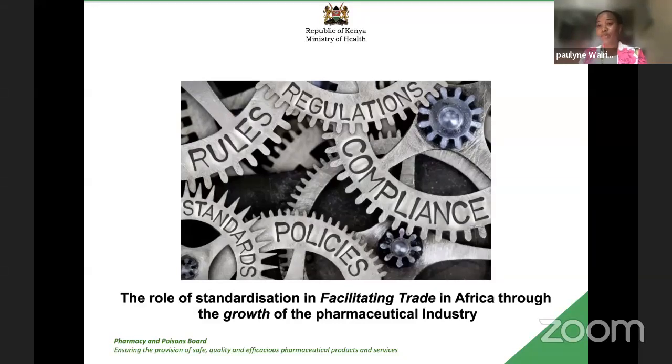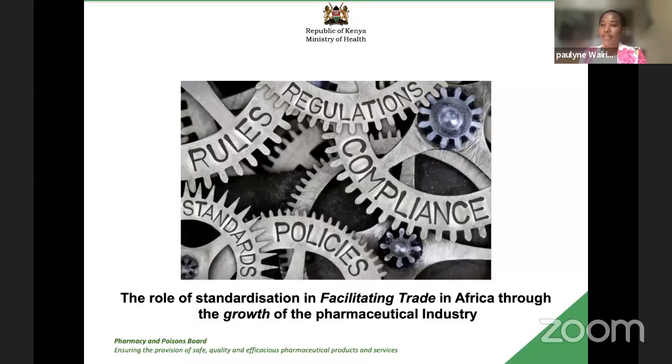It's imperative to note that compliance goes hand in hand, because once a regulation is developed and it's not complied with, it does not serve the purpose that it ought to serve. So for example, in the pharmaceutical industry, we put together regulations that will foster acceleration. We put down guidelines, specifications, and standards that promote or enhance access to a product.